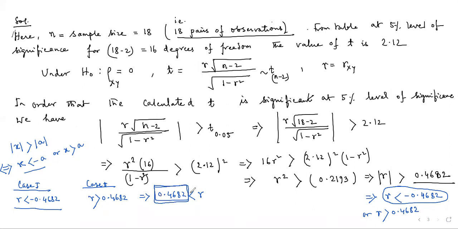Approximately 0.4682 is my answer. So in this manner, you can take the help of hypothesis testing to check whether there is any sort of correlation coefficient between the two random variables in the population or not.